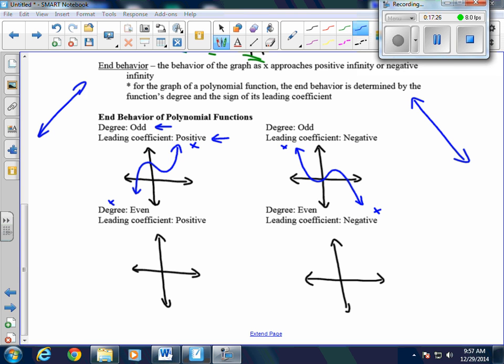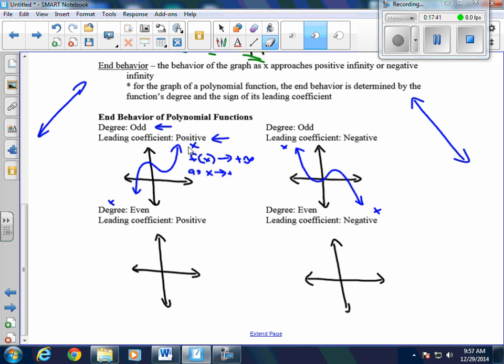Now, when we write this, we're going to write some statements in here. So we're going to say that f of x approaches positive infinity as x approaches positive infinity.